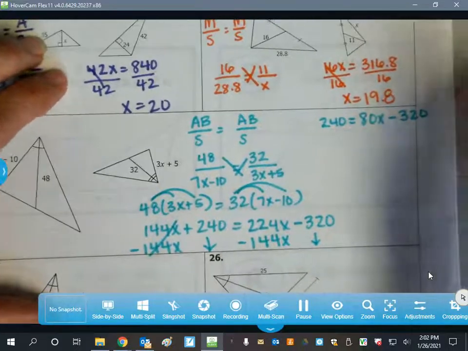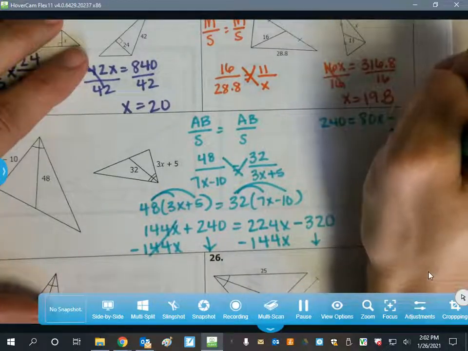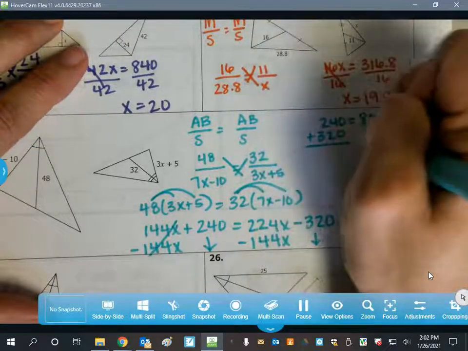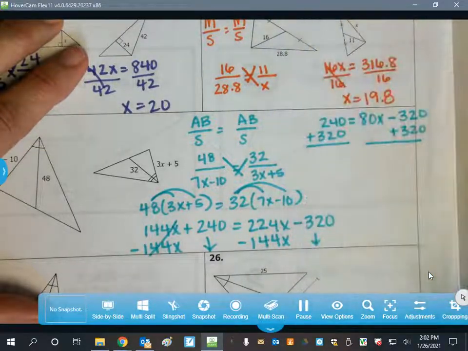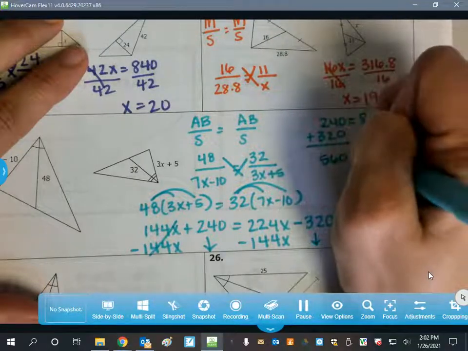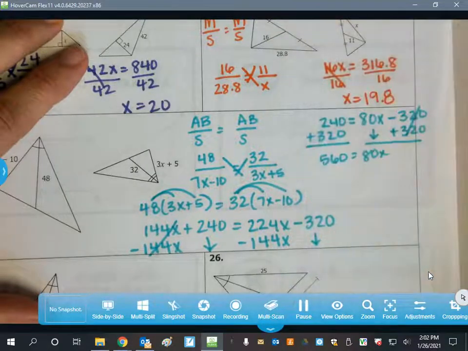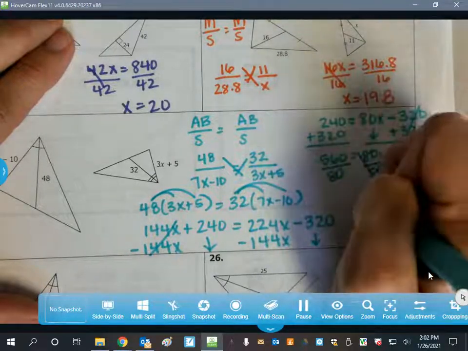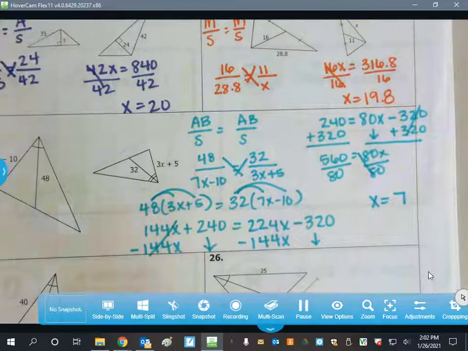I'm going to add 320 to both sides. So 240 plus 320 is 560. Our 80x comes down. Divide by 80. And x equals 7.